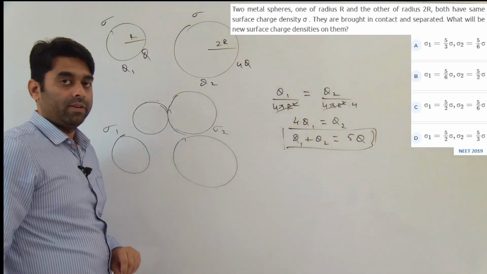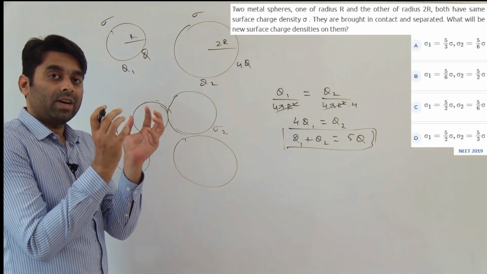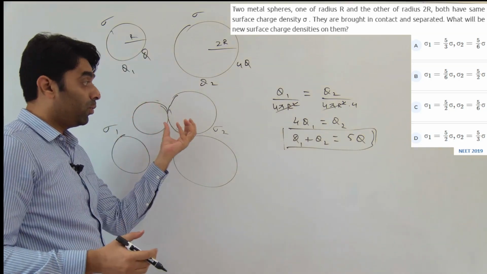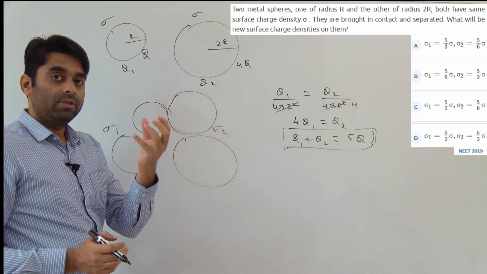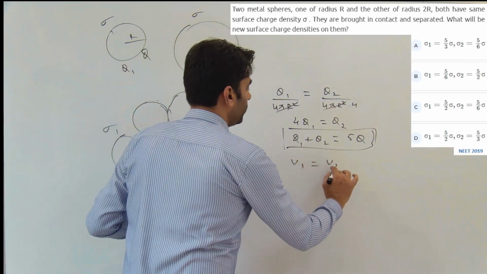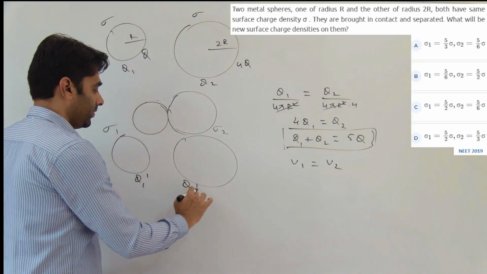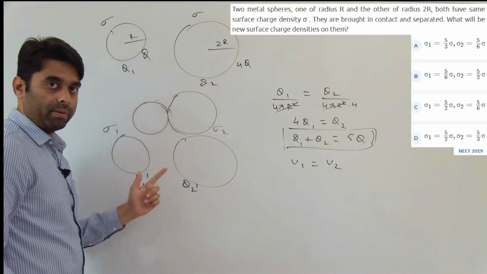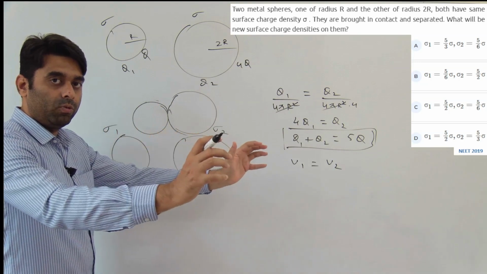Total charge is 5q. Whenever spheres are brought in contact, the charge will redistribute such that the potential becomes equal. That means V1 will be equals to V2. Now let us say that their charges become q1 dash and q2 dash, after bringing them in contact and then separating them.